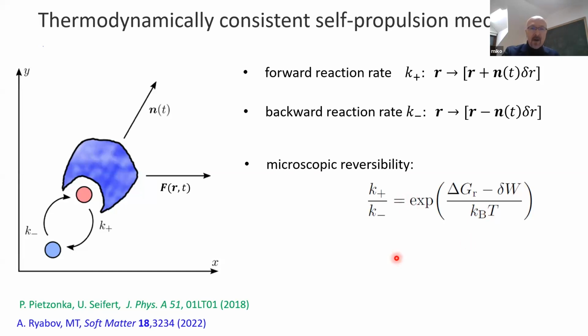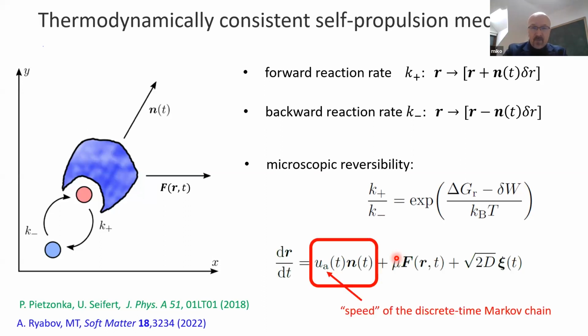This means that the velocity, the active speed of this nanoparticle, u_A, becomes dependent upon the environment. So the chemistry, or reaction rates, probe the potential landscape.